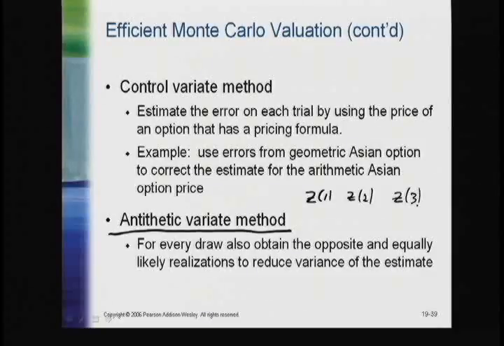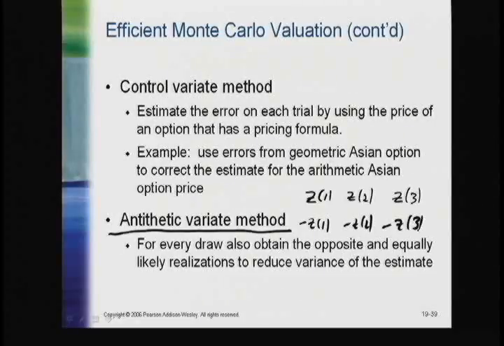Now, they're all written as positive variables, but of course, these are just normal variates, and they could be positive or negative. What antithetic does is it flips each one of these estimates through the origin. So the antithetic path would be minus Z1, minus Z2, minus Z3.